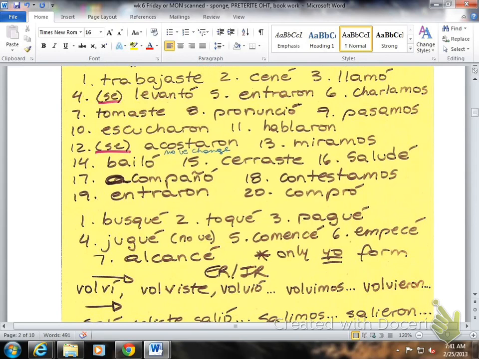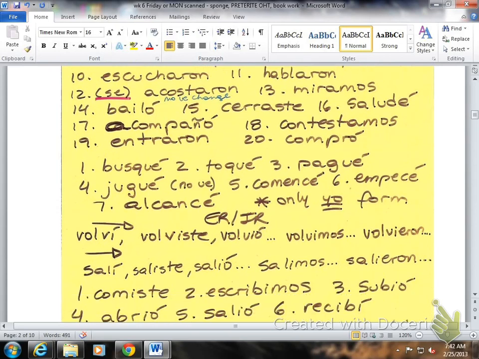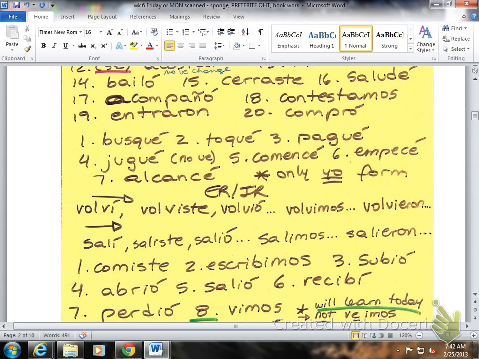Everybody remember acostarse from the reflexive chapter that we did? It was a ue change in the present tense, but that no longer happens in the preterite. Just like jugar is a common one that we did. On the -er, -ir, they threw in the verb ver that we talked about on Friday.